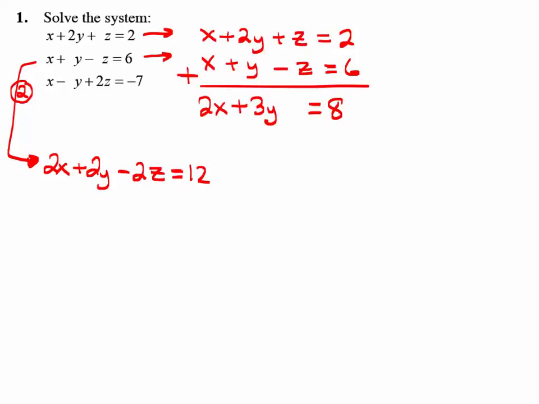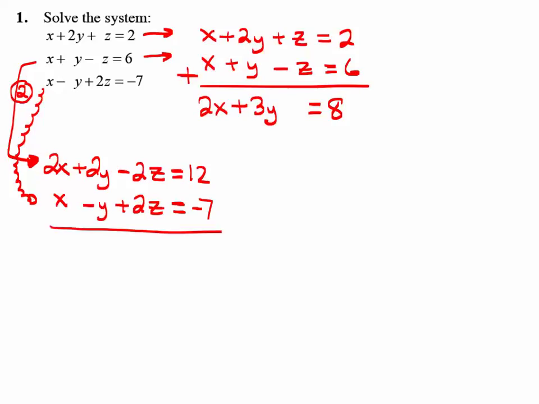The third equation does not change at all because we already have those opposites here. So x minus y plus 2z is equal to negative 7. Add those up. 3x plus y. The z's are gone as planned. How about a 5?